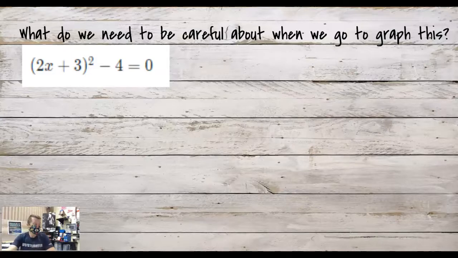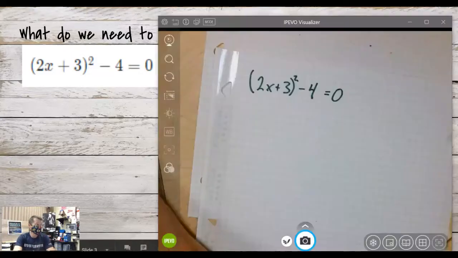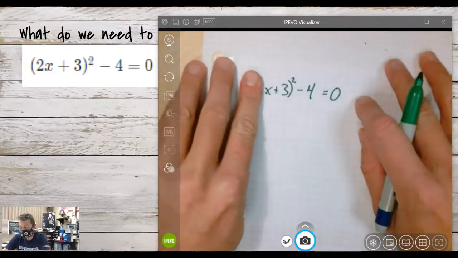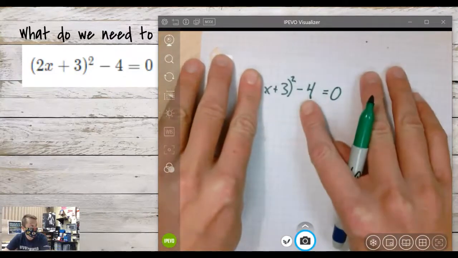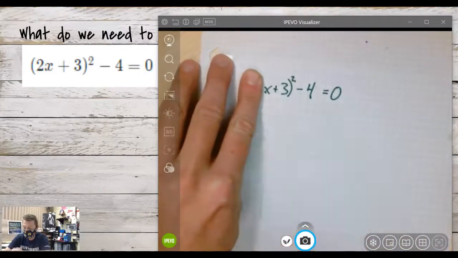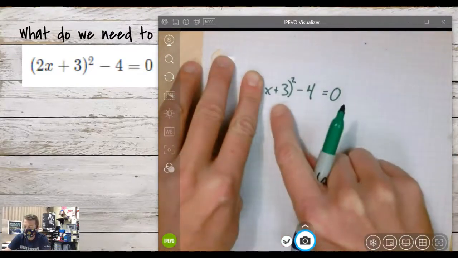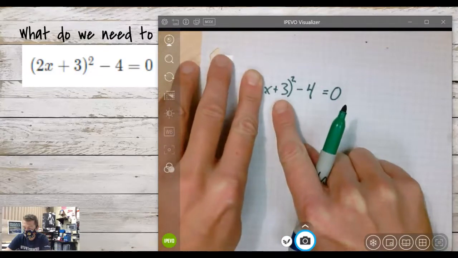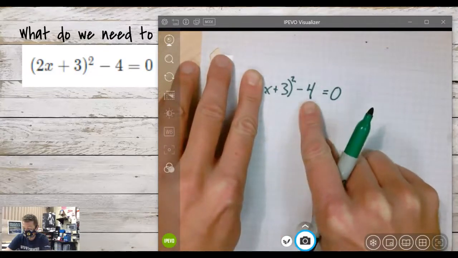Now, when we've just been looking at x plus 3 squared minus 4, if the 2 wasn't there, then we know our vertex is opposite of h and what k is.